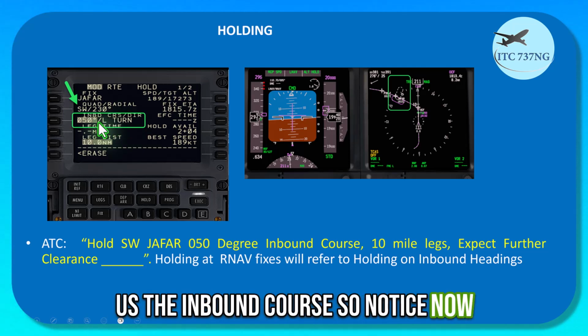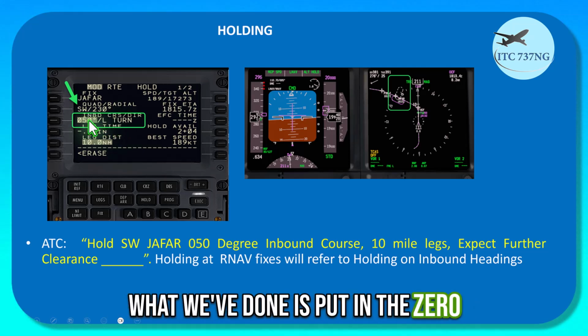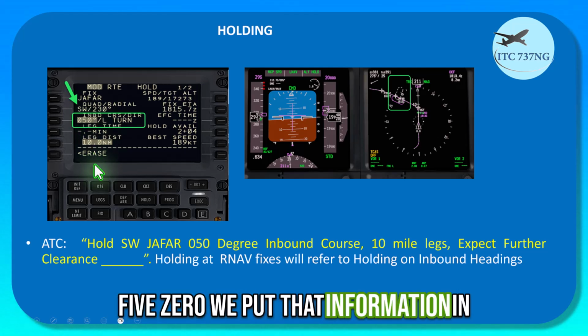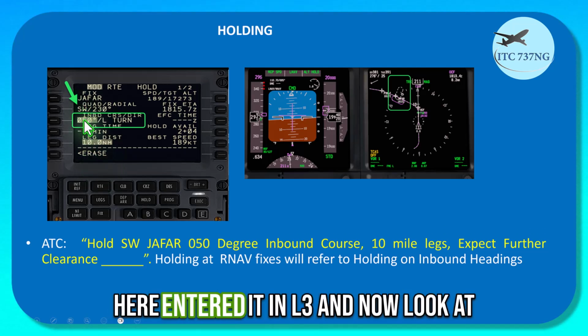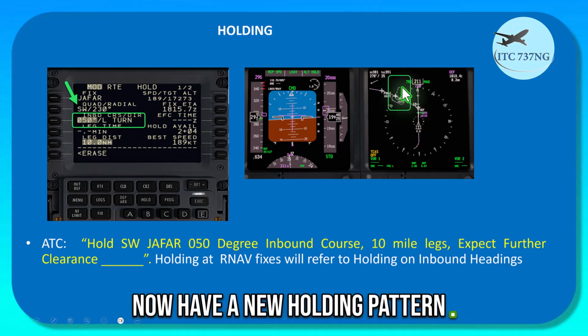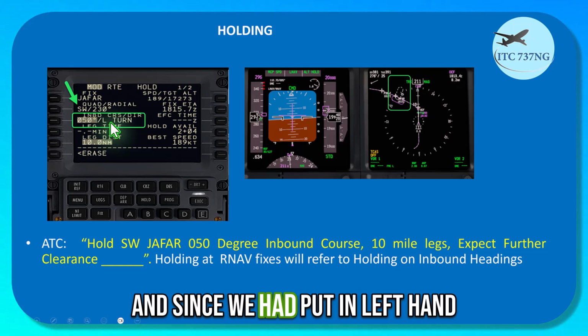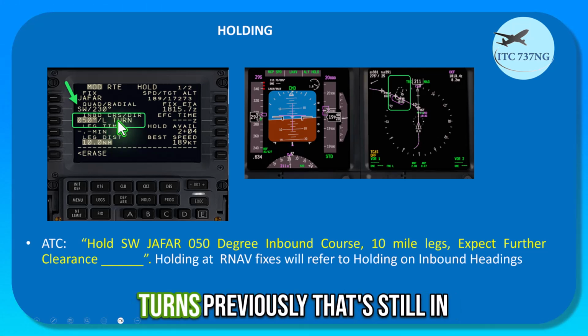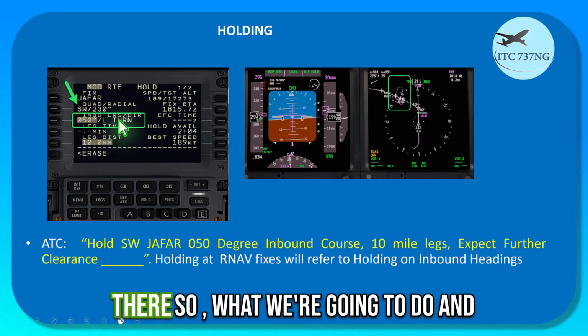So notice now what we've done is put in the 050. We put that information in here, entered it in 3L, and now look at our nav display. We can see that we now have a new holding pattern. And since we had put in left-hand turns previously, that's still in there.